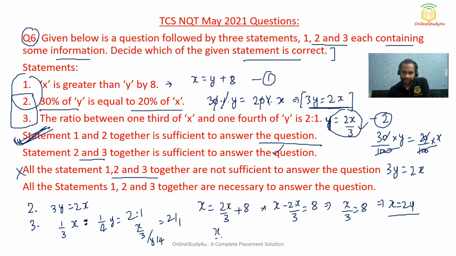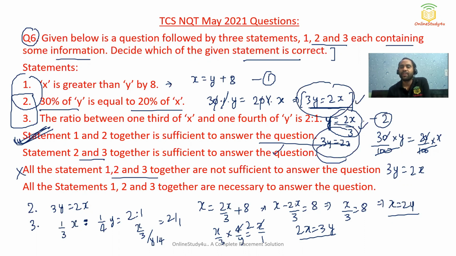So x by 3 into 4 by y is equal to 2 by 1, so 2x will be equal to 3y. From statement 3 we also get 3y equal to 2x, the same as statement 2. So we will not be able to solve with the help of 2 and 3, so that is also gone.